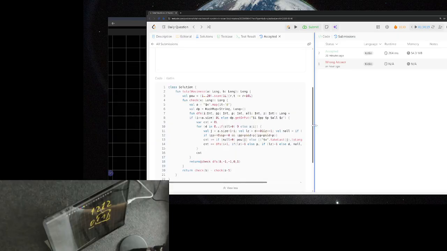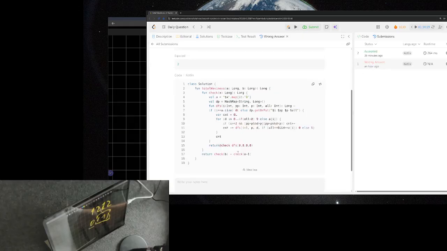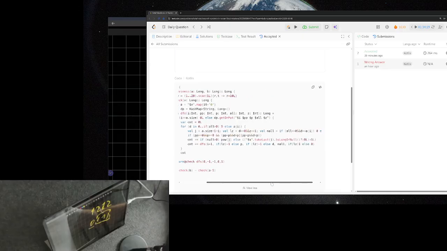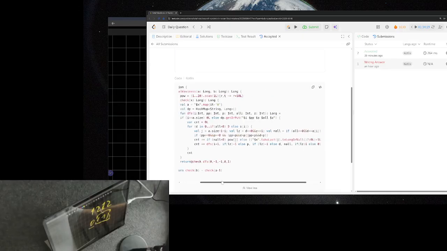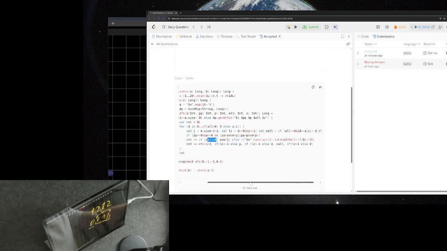This was accepted, and it was accepted with the help of Gemini. You can see this code is much bigger than what was wrong. That was my solution. So the first is the tail. Your tail depends on whether you can take all the values on the next position or not.